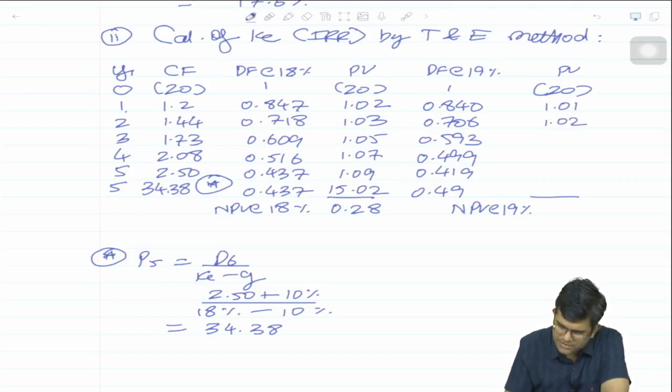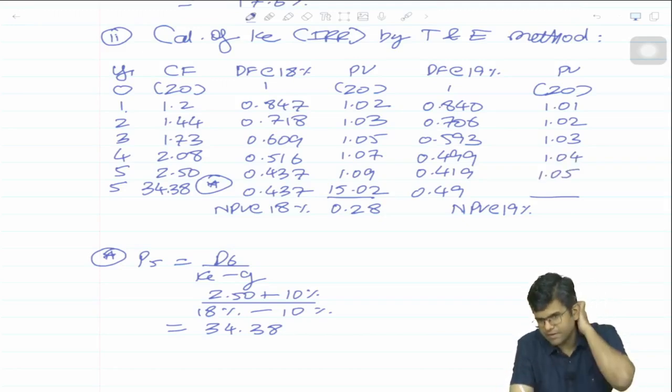Then 1.73 into 0.593. This is 1.03. Then 2.08 into 0.499. This is 1.04. Then 2.5 into 0.419. This is 1.05. Till here everything is okay.